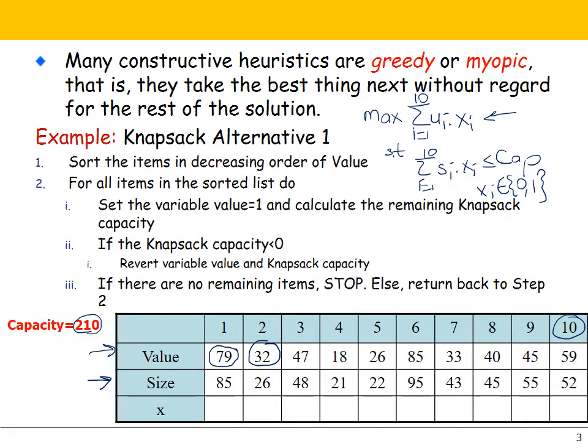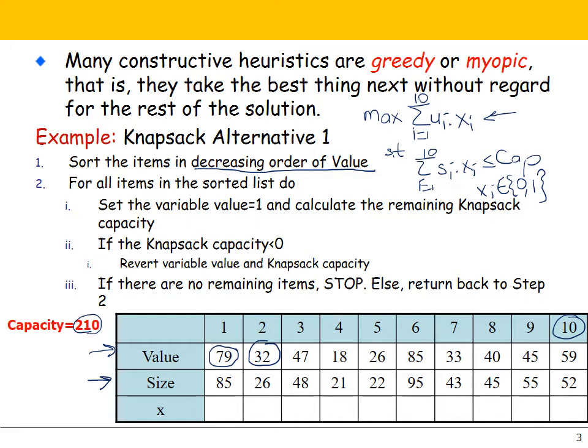So in this alternative construction heuristic, in the first step, we sort the items in decreasing order of value, because first we want to place the items with the largest value.